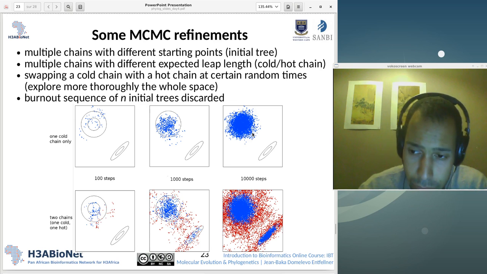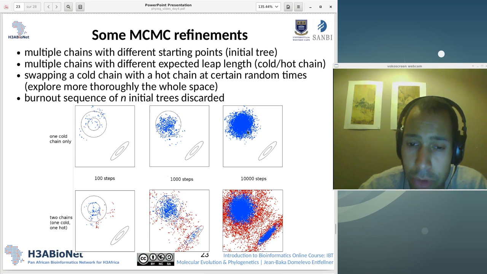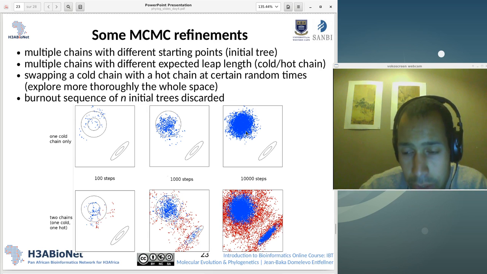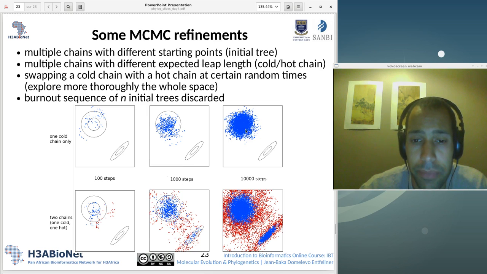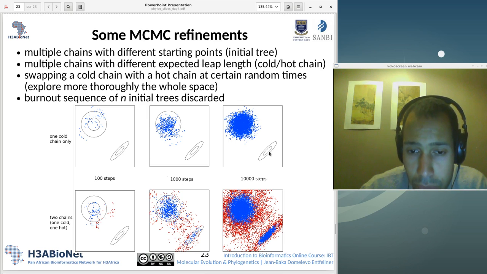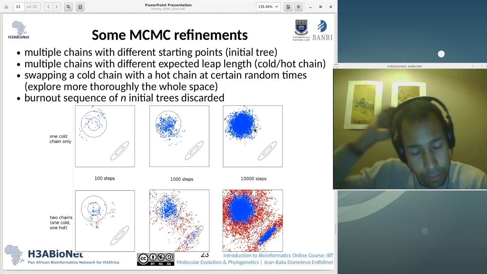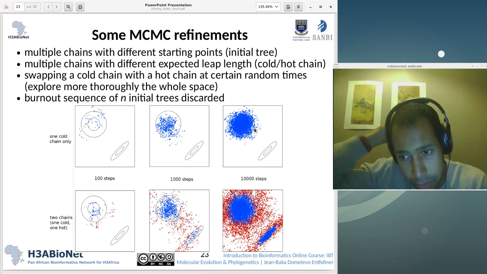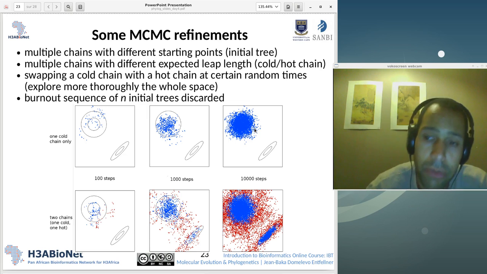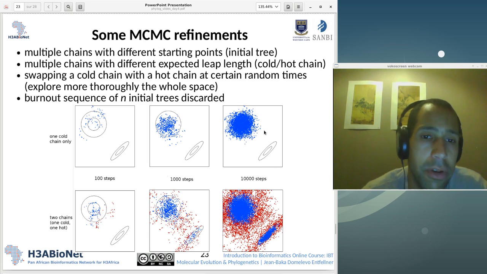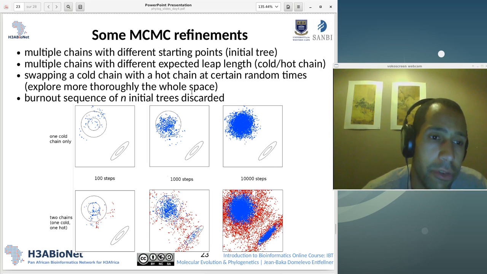In order to make it able to explore this second peak, you have tricks. You can increase the size of the steps in the hope that you will be able to jump straight from one point here to one point there. You can increase the acceptance probability for jumps going to a lower altitude, etc. There are tricks.